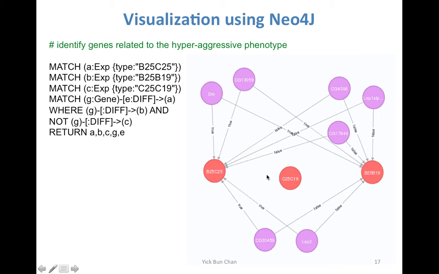I found 7 genes in total that are differentially expressed in both the bully raised at 25 versus Cantonese raised at 25, and bully raised at 25 versus bully raised at 19 degrees Celsius, but they are not differentially expressed in the Cantonese 25 versus Cantonese 19. 3 of them are downregulated and 2 of them are upregulated.